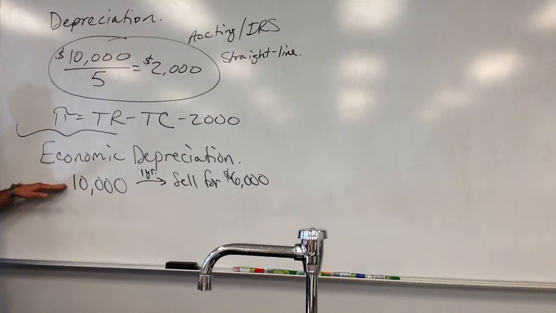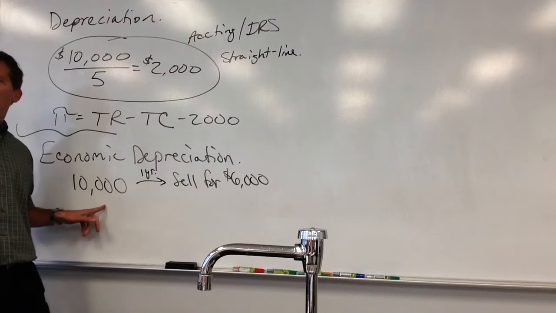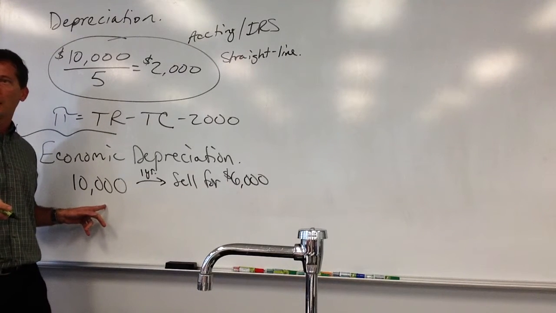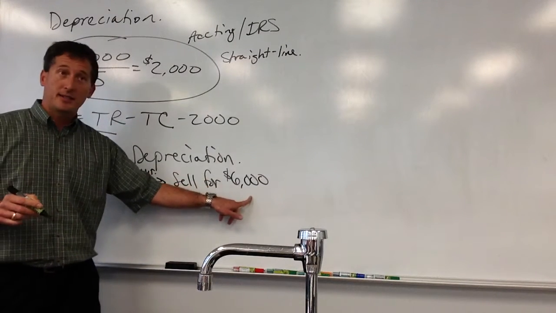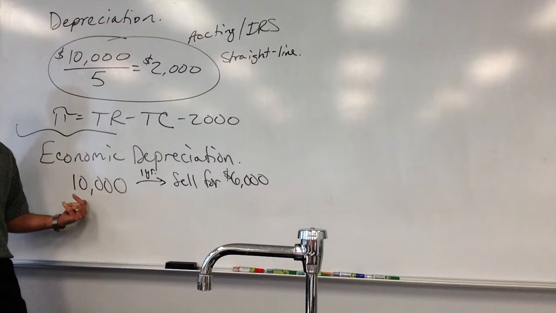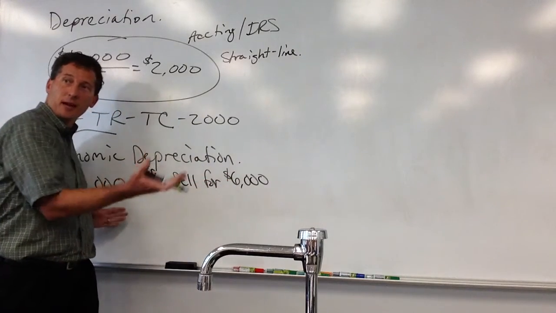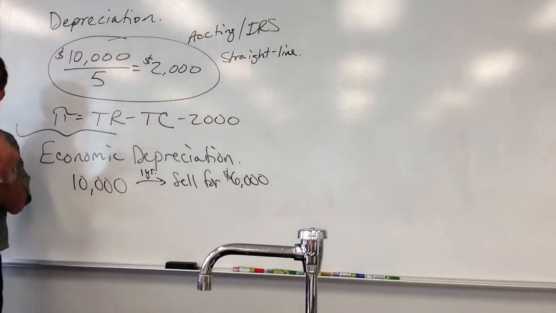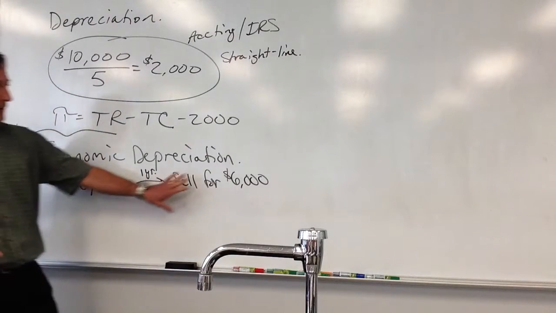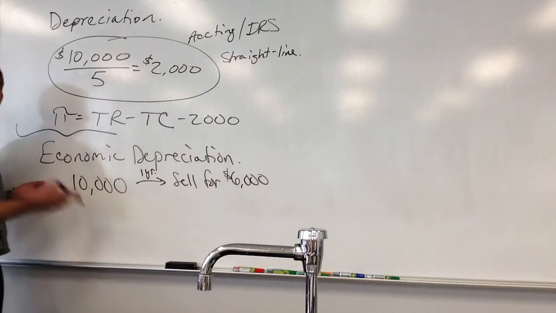That is economic depreciation, because now what we're looking at is the opportunity cost of holding on to the grill. I could sell it for $6,000. I purchased it before for $10,000. Now I've lost $4,000 worth of value, but we're looking at market values. What's interesting is that possibly after the first year you take a big hit, but maybe the used value holds itself pretty well.